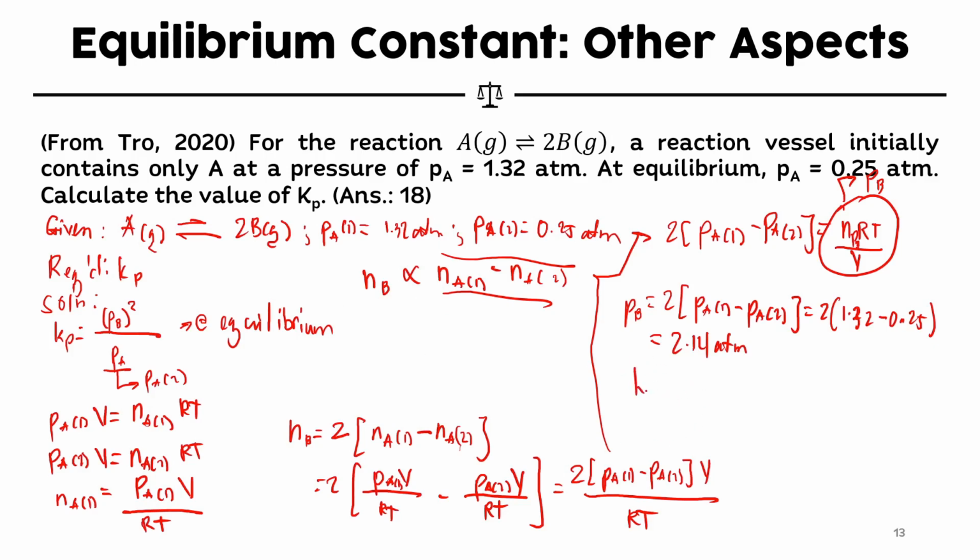So Kp is equal to 2.14 squared divided by 0.25, which is the partial pressure of A at equilibrium, and that is equal to, rounded off to 4 significant figures, 18.32, which is the same as our given answer here.